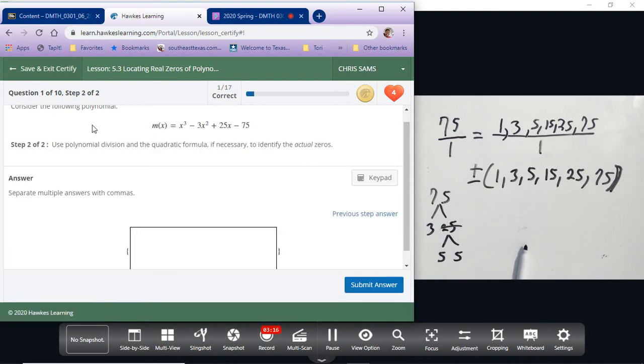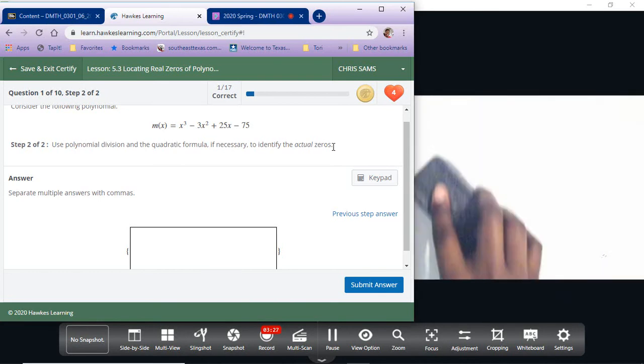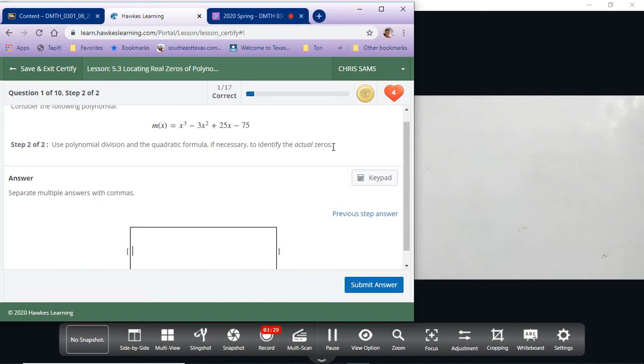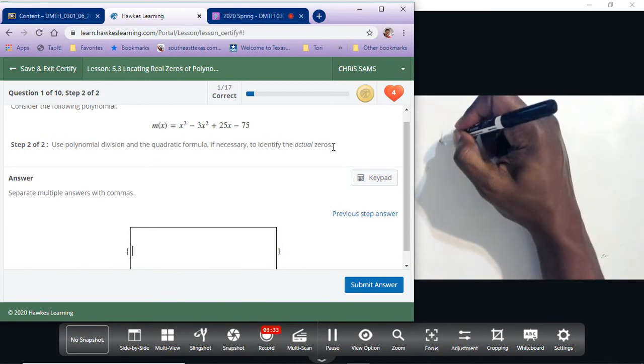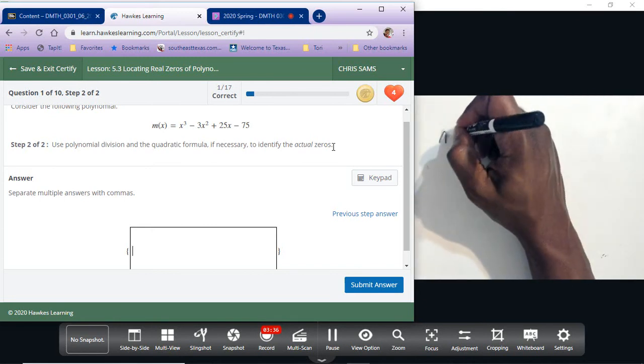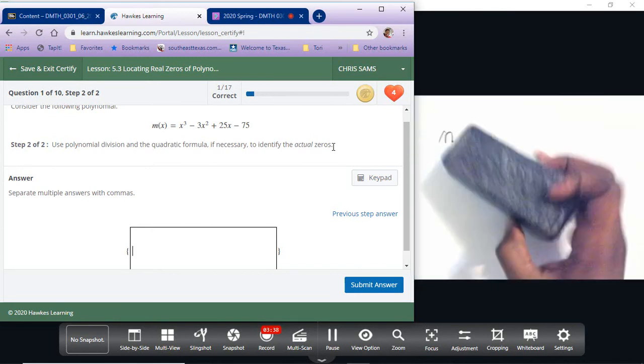Now part 2, we want to use polynomial division and quadratic formula if necessary to identify the actual zeros. So I'm going to erase this part. What they want you to do is do it by trial and error, but it could take some time. This marker is running dry.